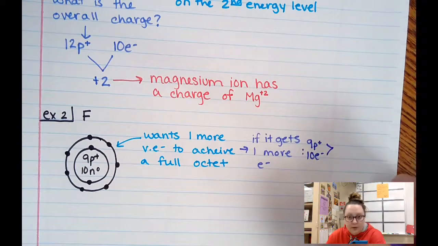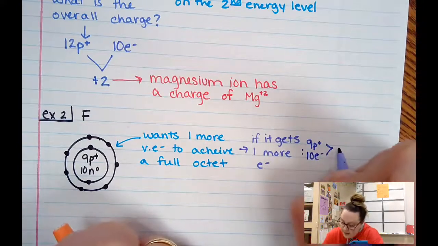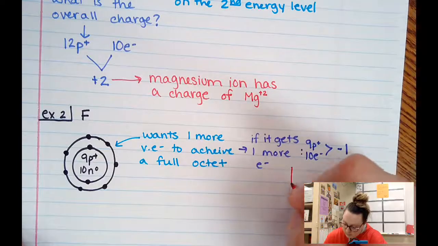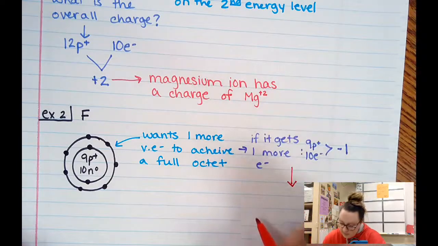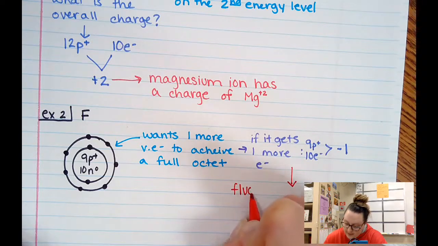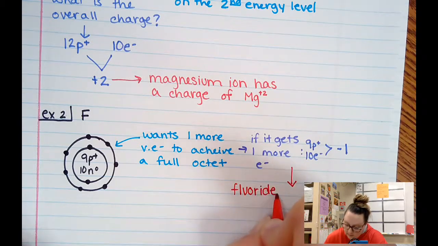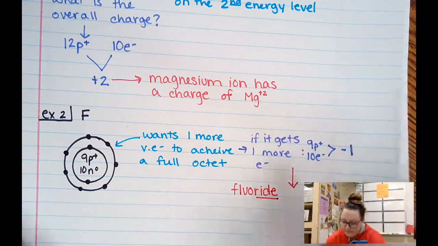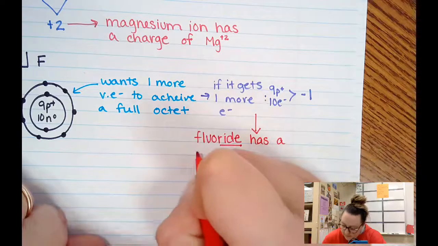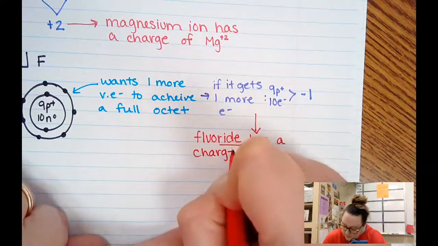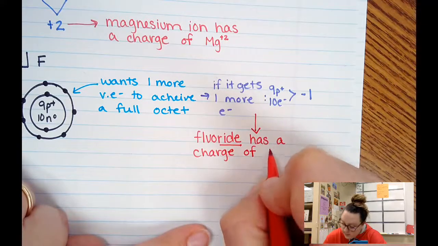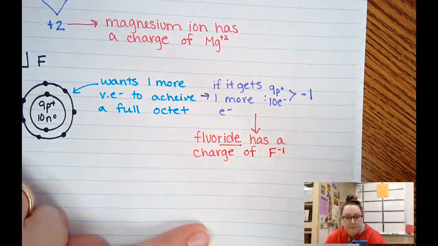So the overall charge is -1, which means fluoride, I'll explain that in a second, has a charge of -1. I'm just going to do the symbol.